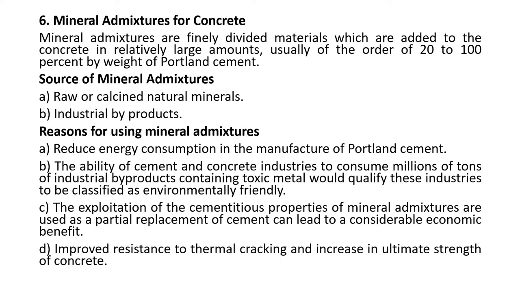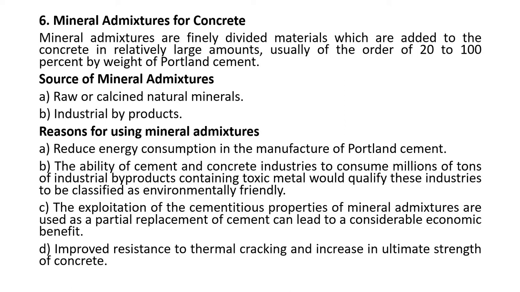Source of mineral admixtures. Mineral admixtures come from raw or calcined natural minerals and industrial byproducts. Reasons for using mineral admixtures: they reduce energy consumption in the manufacture of Portland cement.